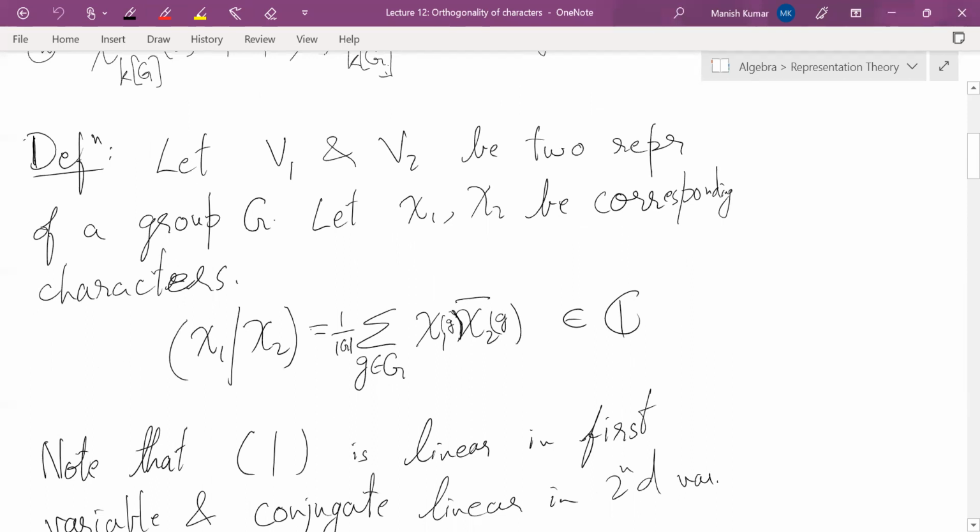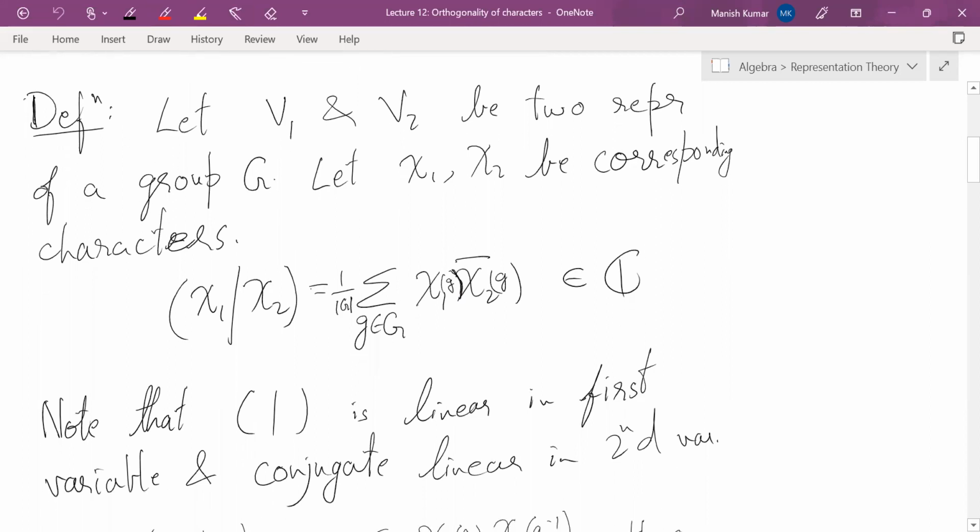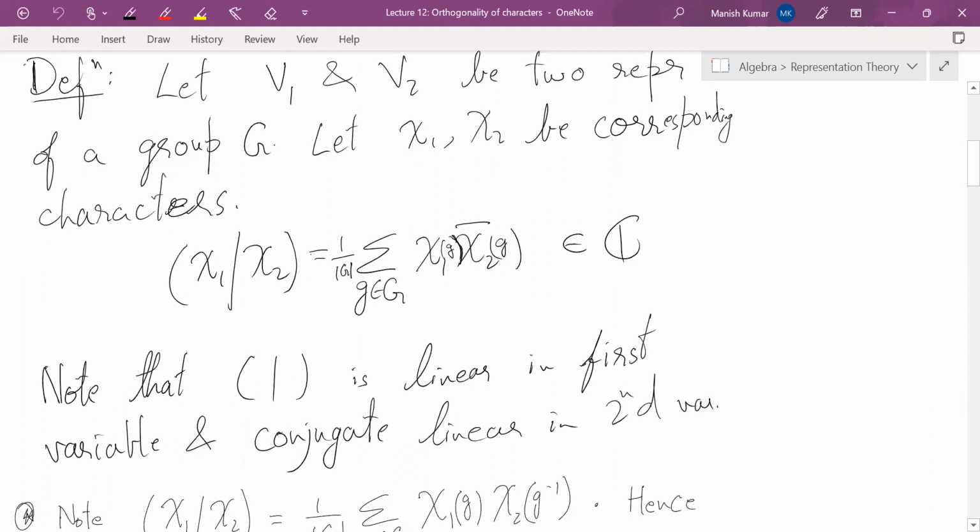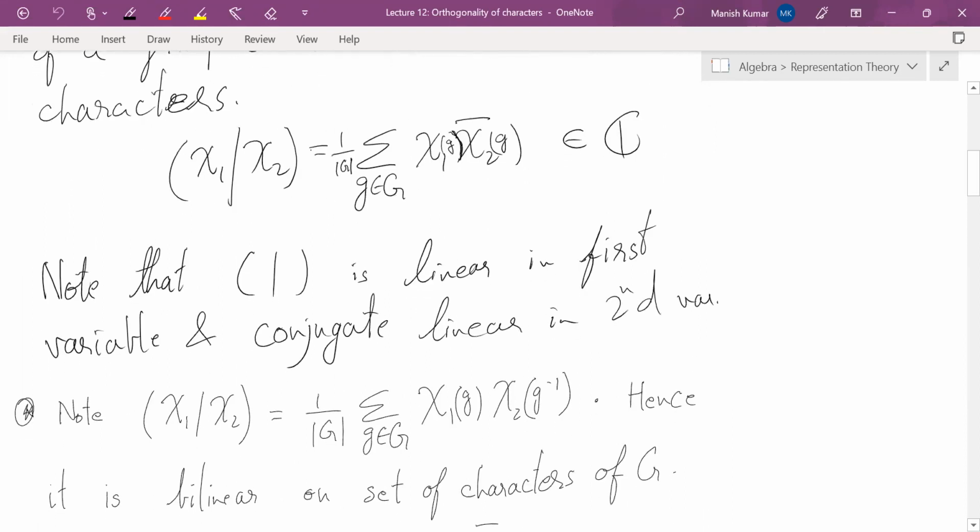Of course it is linear in the first variable if you are thinking of functions from G to C, and it seems it's conjugate linear in the second variable, but it's actually linear in the second variable as well, if you think in the right way. If you restrict yourself not to arbitrary functions from G to C, but to characters, it is actually linear in the second as well.